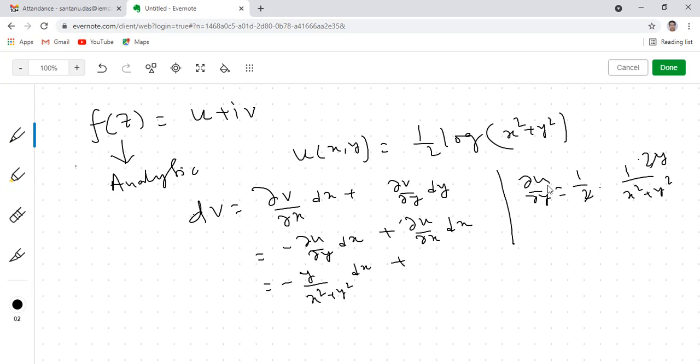Was that clear? Have I done it correctly? Is that okay or not? Yes, sir. So what will be del u del x? Half times 1 by x squared plus y squared times 2x. Yeah, half 2x, so 2 will cancel. So x by x squared plus y squared.